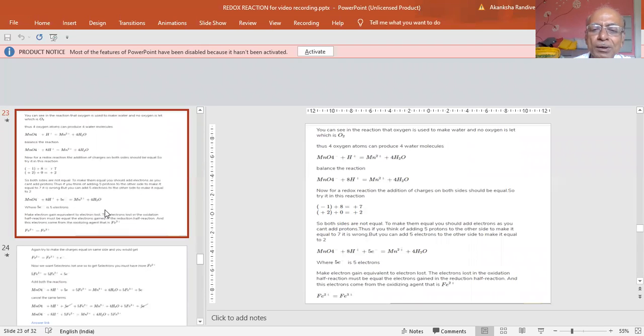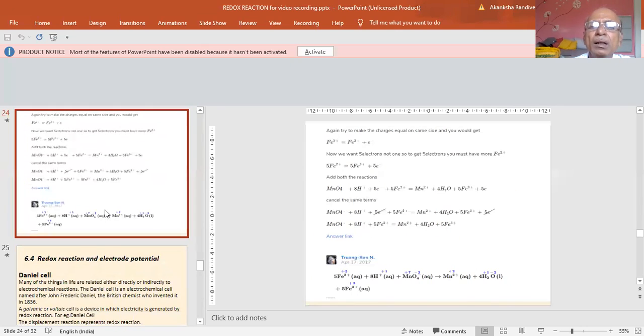Now Fe2 plus is equal to Fe3 plus. So one electron is lost in this reaction, and therefore Fe2 plus gives Fe3 plus plus an electron. Now we want 5 electrons, not 1.